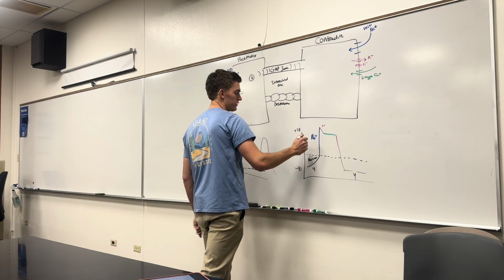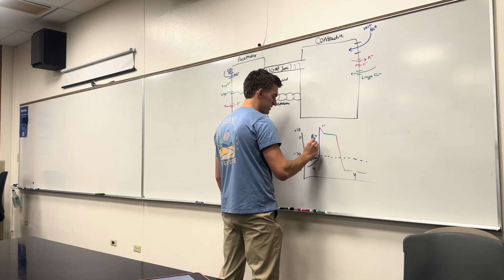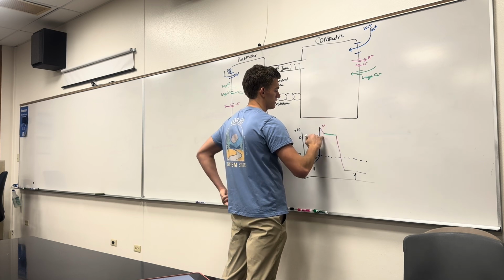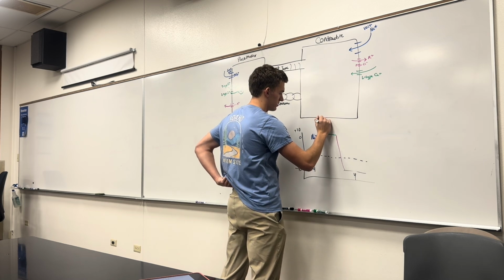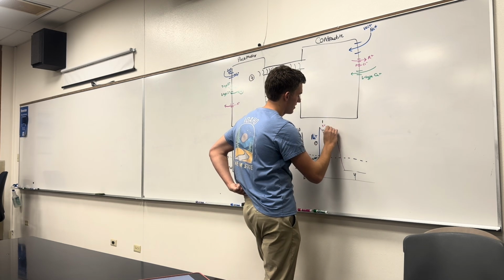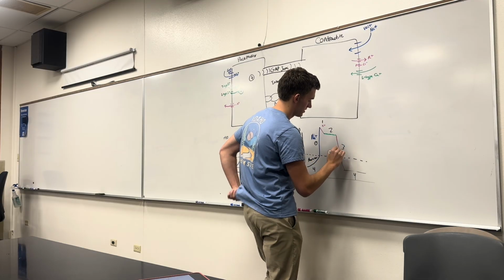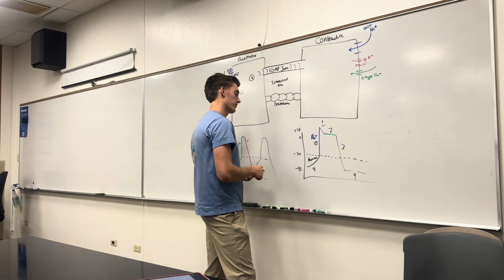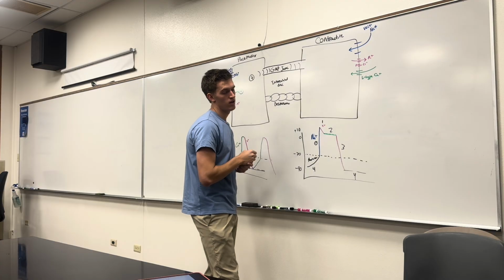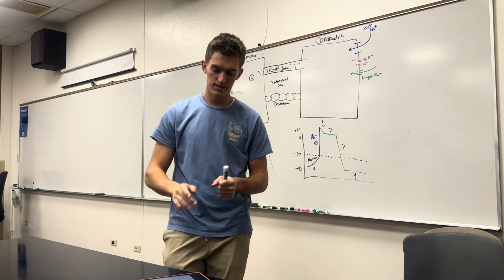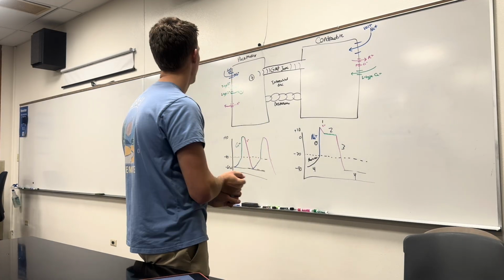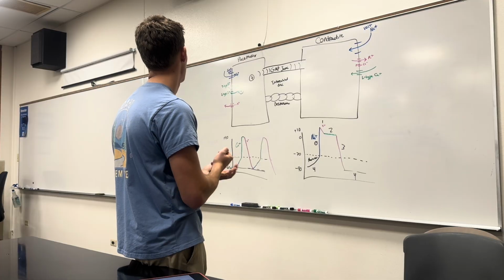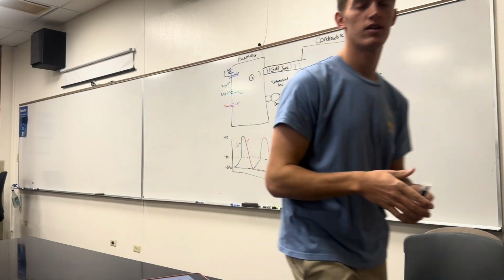And then this phase right here where it depolarizes is phase 0. This phase where it's rapid repolarization is phase 1. The plateau is phase 2, and the repolarization is phase 3. Okay? And so that's how the action potentials go in these cells.